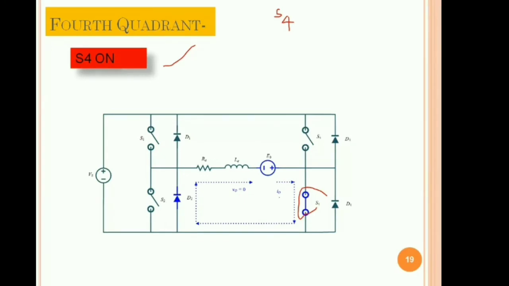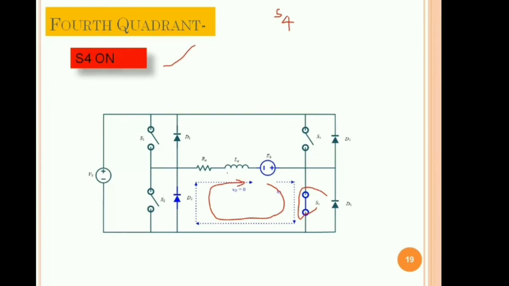What will happen is this back EMF will deliver the energy to the inductor through S4, then through D2, then inductance and resistance, through which there is a current flow. It is mentioned in the dotted blue color line.